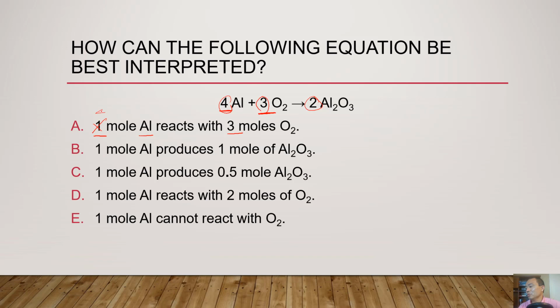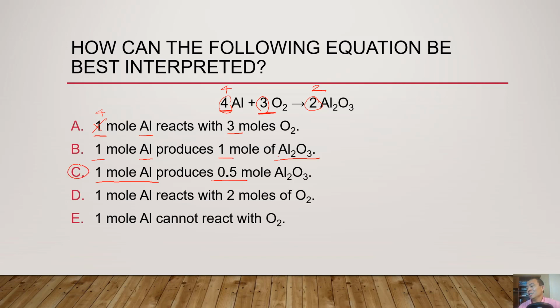It should be 4 molars. Now you look at 1 molar of aluminum produces 1 mole of aluminum oxide. No, it's actually 4 versus 2, or 1 versus 0.5. The next one tells you 1 produces 0.5. That's a 2-to-1 ratio or 4-to-2 ratio.